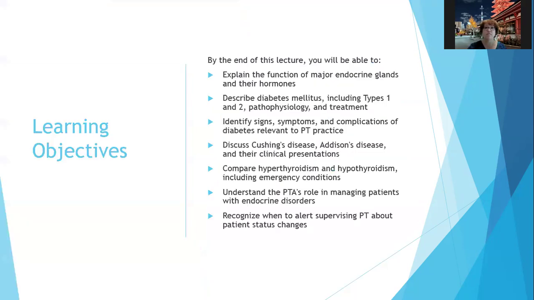So the learning objectives for the whole chapter: explaining the function of the major endocrine glands and their hormones; diabetes mellitus, including types 1 and 2, pathophysiology and treatment, symptoms, complications of diabetes relevant to PT practice; then several different endocrine diseases, Cushing's, Addison's, which are cortisol diseases, and hyper and hypothyroidism, which are thyroid diseases.